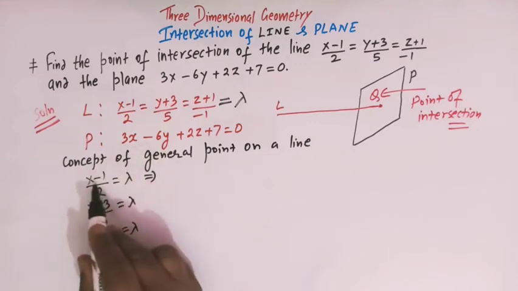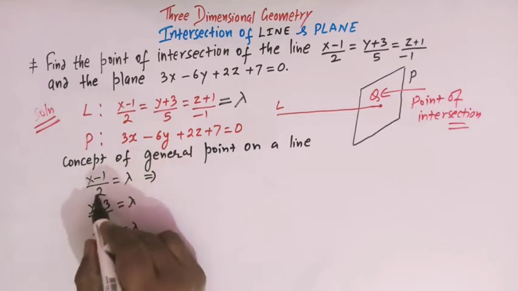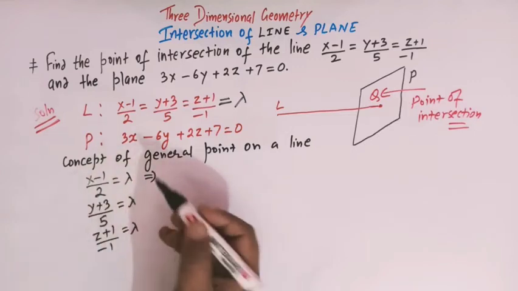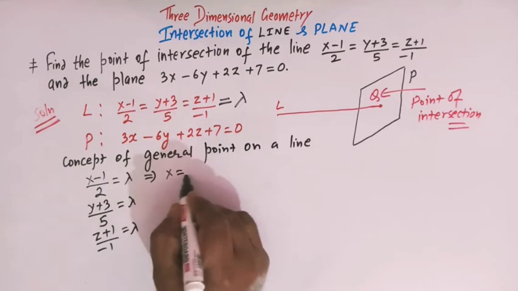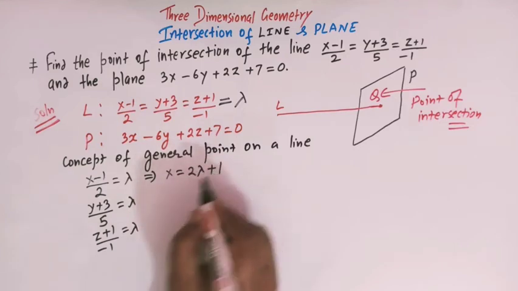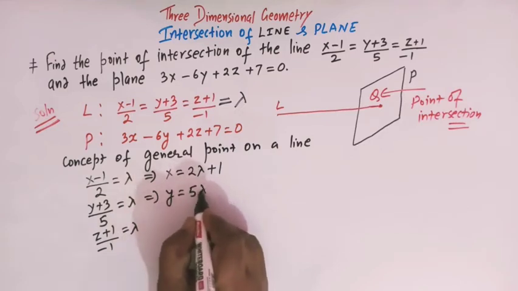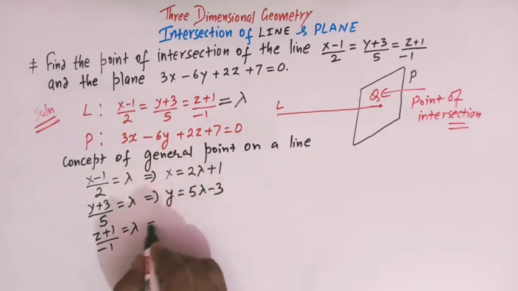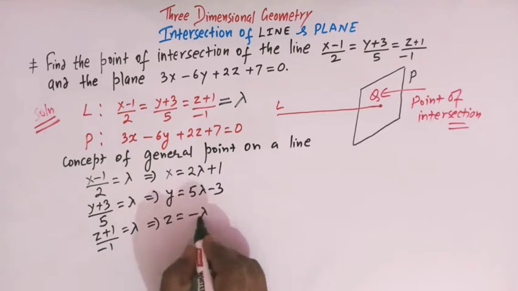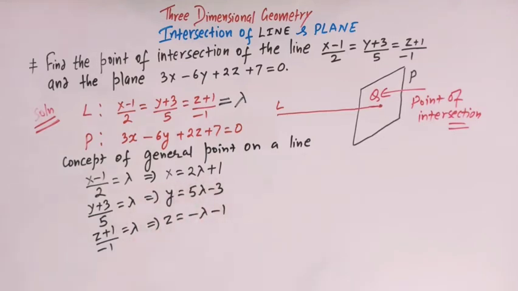Now we can solve these three equations for x, y and z. So we have x is equal to 2 lambda plus 1, y is equal to 5 lambda minus 3, and z is equal to minus lambda minus 1.